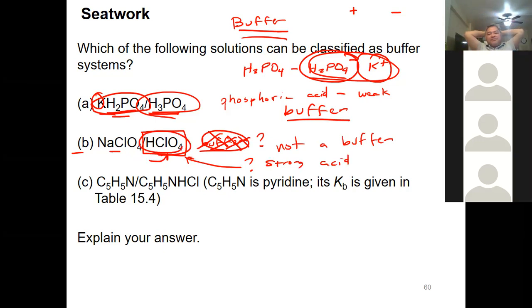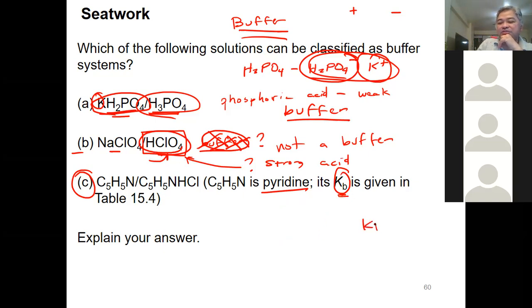Okay? Kasi sabihin ko sa inyo, 100%, there's a question like this: which of the following can be considered as a buffer? Or which of the following cannot be considered as a buffer? The last one, pyridine. Is it a weak base or a strong base? Why did I say it's a base? Because the Kb is given.